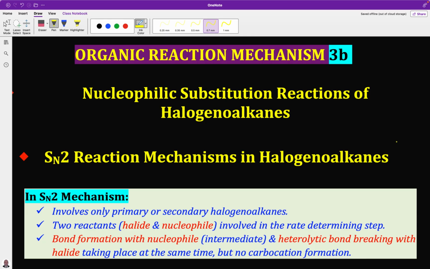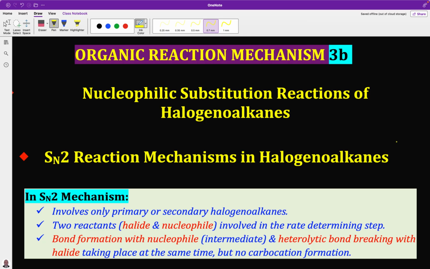In this SN2 mechanism, it should be remembered that the reaction takes place at the same time. There is bond formation between the nucleophile and the halogenoalkane to form an intermediate.